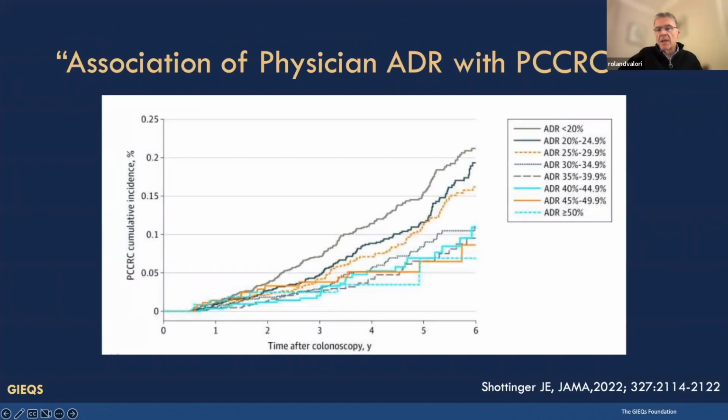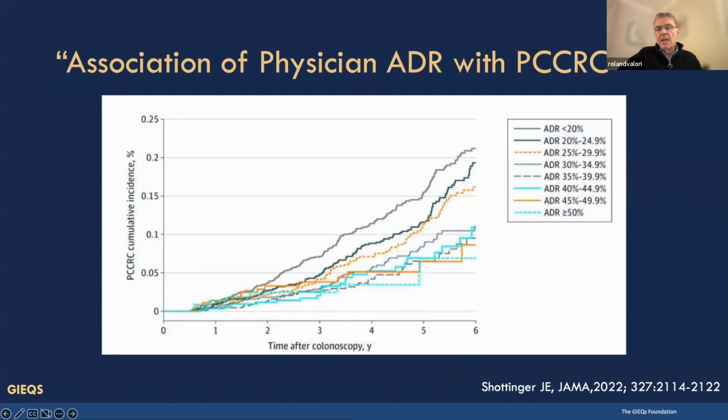And there's a couple of things about this. It showed this difference between adenoma detection rates and subsequent risk. We see the cumulative incidence on the y-axis. And the thing I want to point out is that this isn't just cancer occurring in the first year or two after colonoscopy, as we often see in the benchmark studies, but actually, if anything, the rates of cancer appearing are increasing over the years.